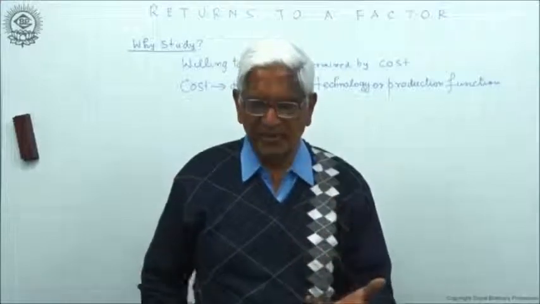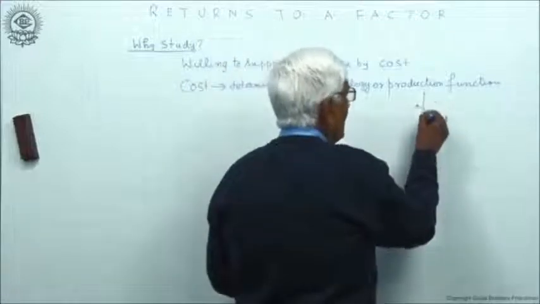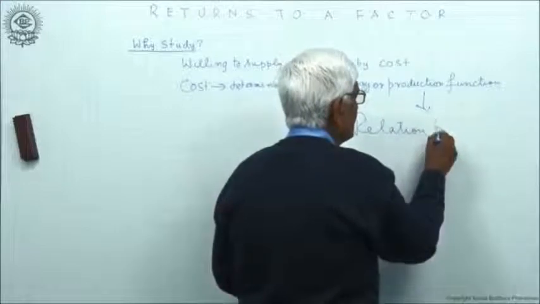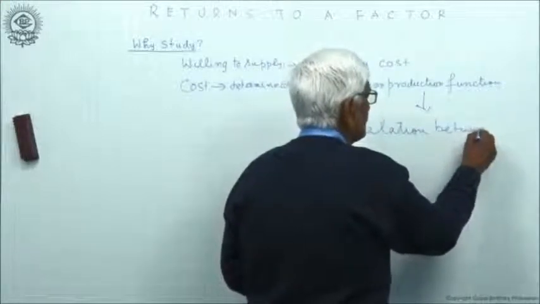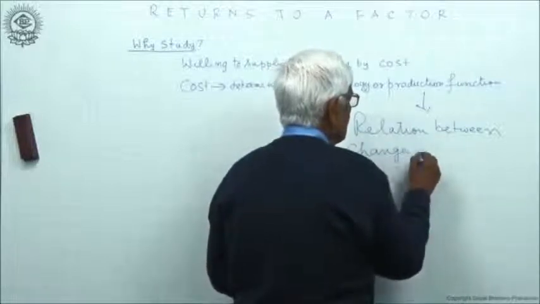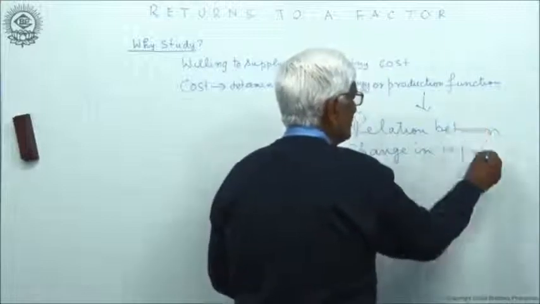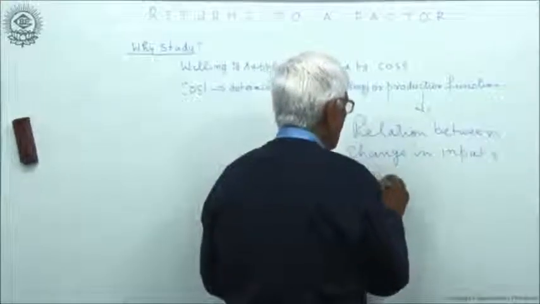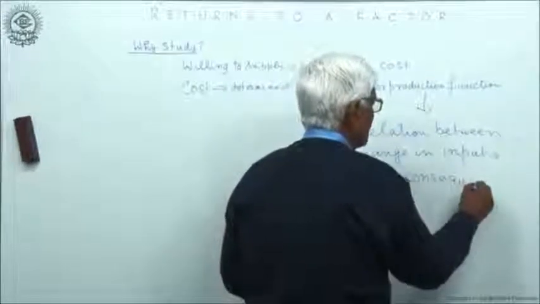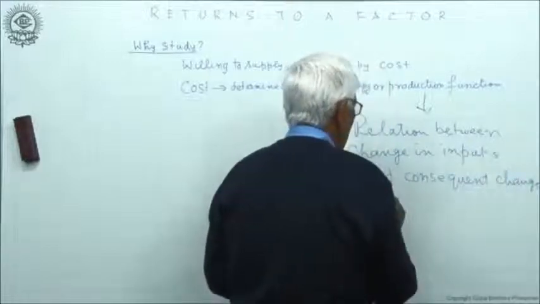What does a production function show? A production function shows the relation between, let us say, change in inputs and consequent change in output.